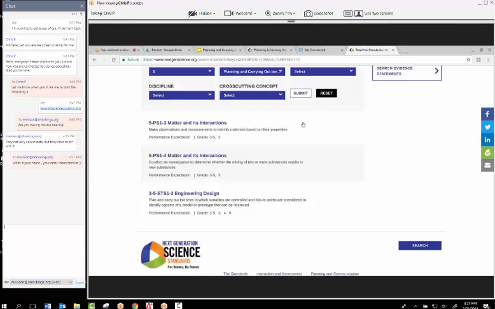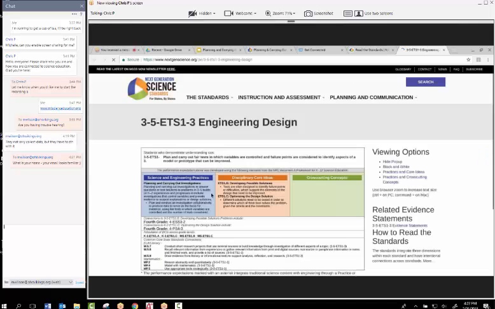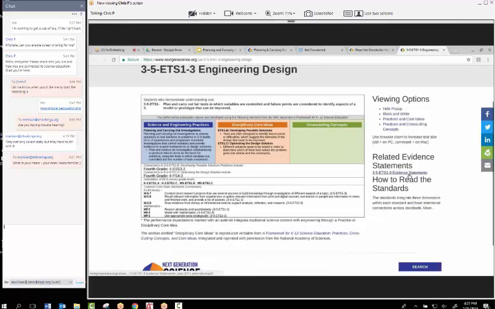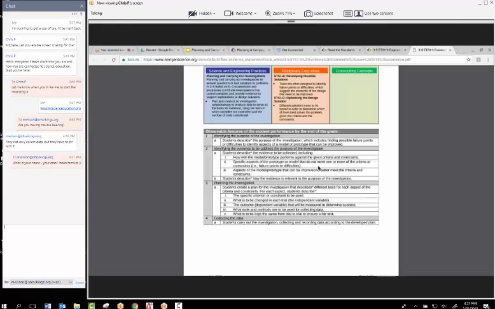And so we have lots of substances and engineering design, and I want to focus on engineering design a little bit just because I know that it's not in the Montana practices or not in the Montana science standards. But I don't think that teachers are not doing it. I just don't think that it's necessarily in there. And so being able to kind of pinpoint this down and what that looks like for 3 through 5.